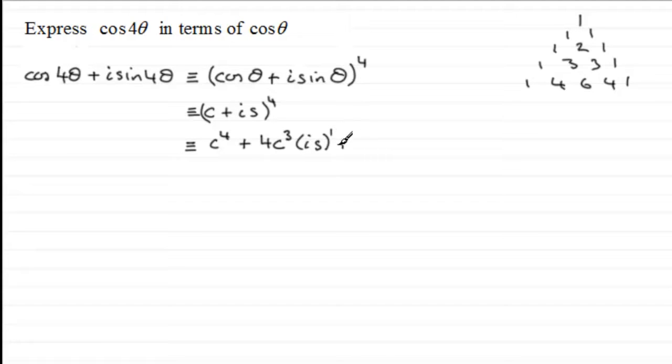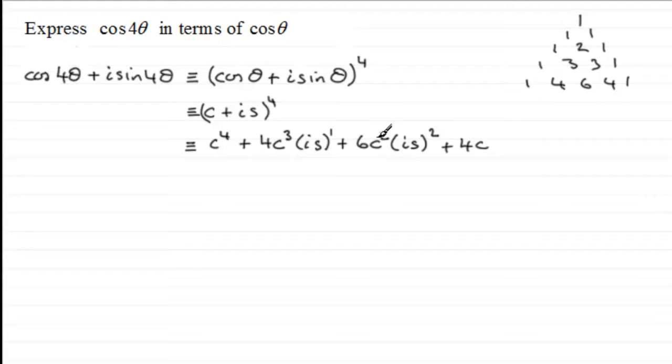The next term would be plus 6, or in combinations it would have been 4C2, which would have given you the 6. Drop the power of c to the power 2, and then increase is to the power 2. And then for the next one, 4.